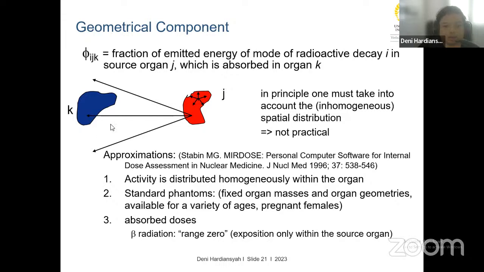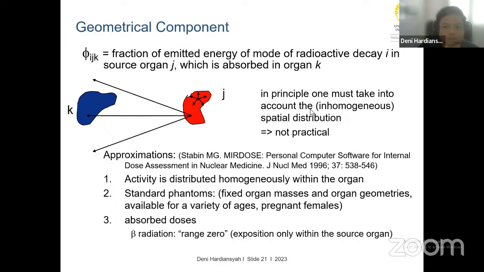Here we can also use the Monte Carlo method to calculate the number C_ijk. This C shows the fraction of emitted energy of mode of radioactive decay i in source organ j, which is absorbed in organ k. For example, this is the organ k as the target.